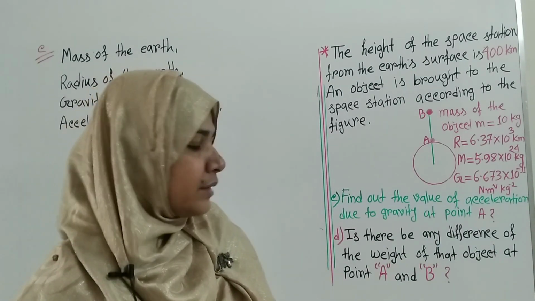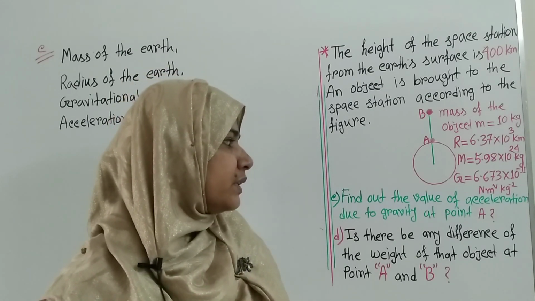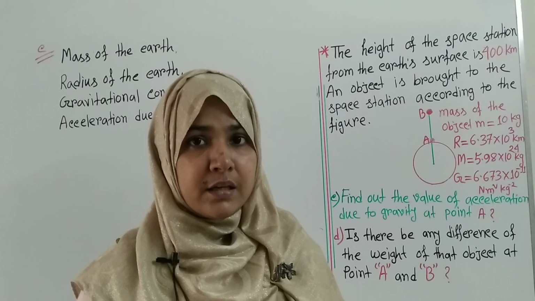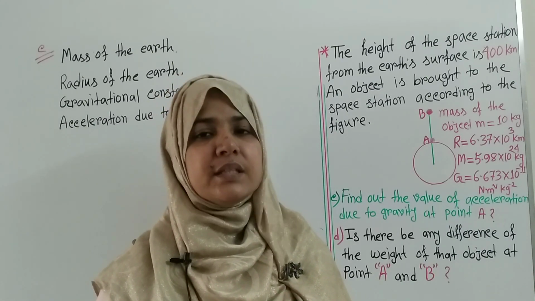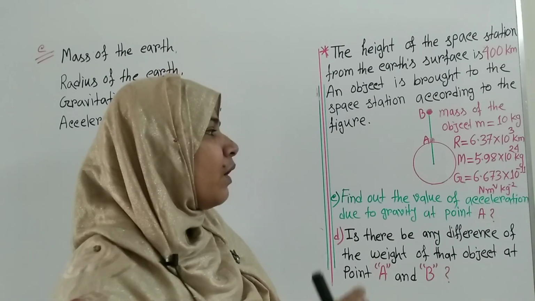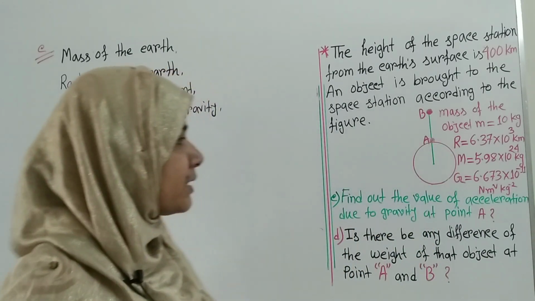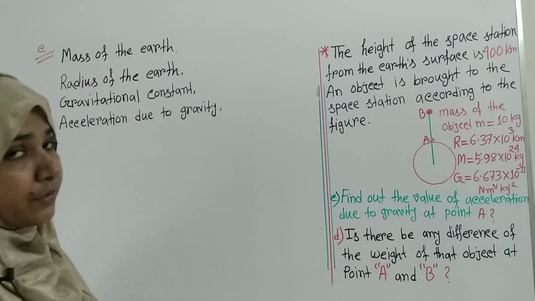Now question C is: find out the value of acceleration due to gravity at point A. That means we have to calculate the value of acceleration due to gravity when the object is on the Earth's surface. So, the given information is here. Mass of the Earth.